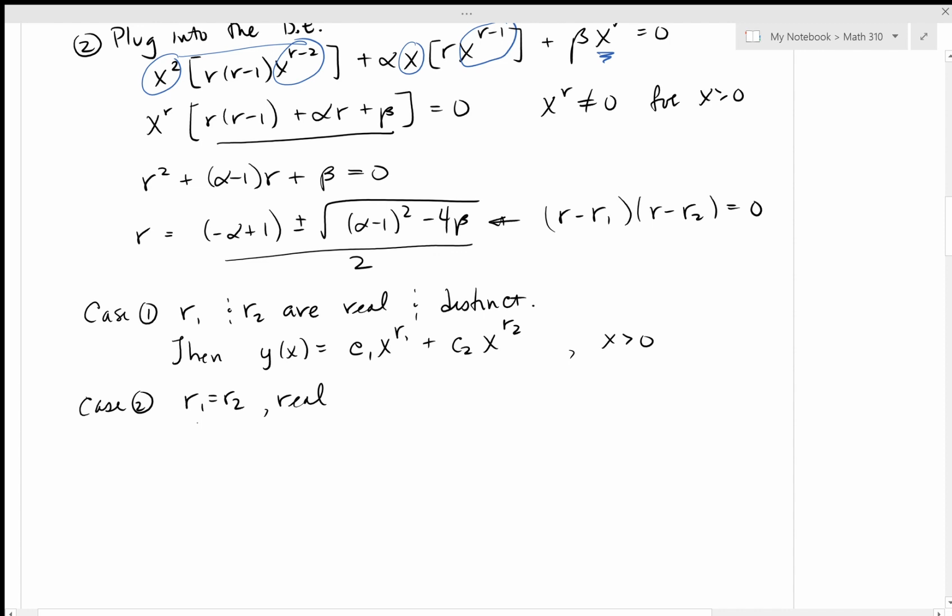Then we have one solution right away. That's going to look like this: x to the r1, since r1 and r2 are the same. We have one solution. And then what you can do is use reduction of order to find a second solution.